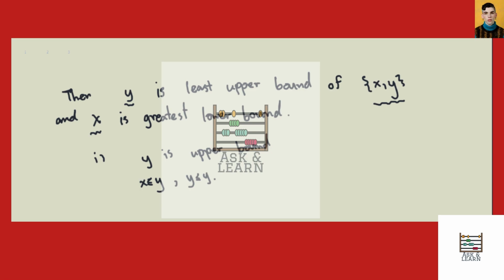But Y is the least one, because for any other upper bound, suppose Z is an upper bound, we cannot have Z strictly less than Y. Why?